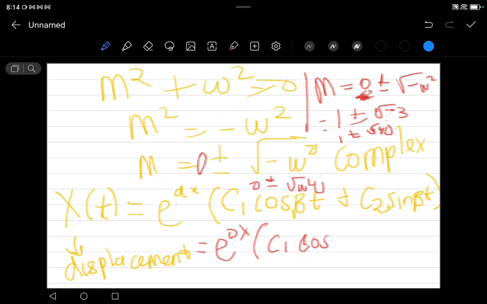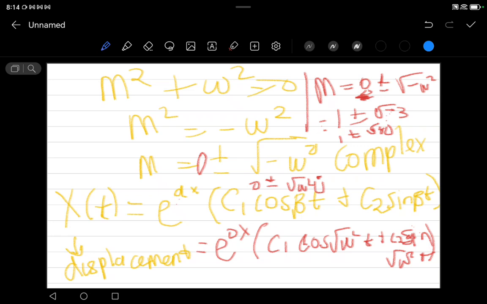Our beta is going to be the square root of omega squared t, so the first value is for alpha and the coefficient of j is beta, plus c2 sine of the square root of omega squared t. So this is the displacement.